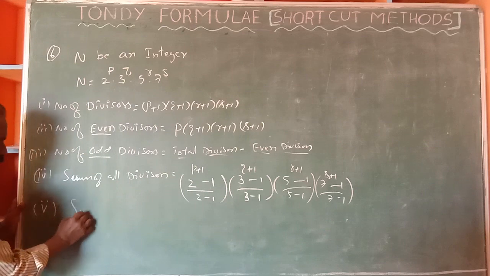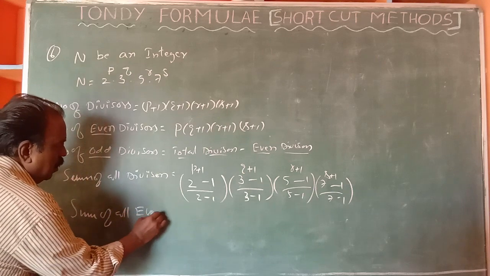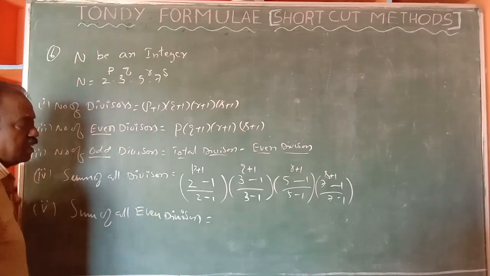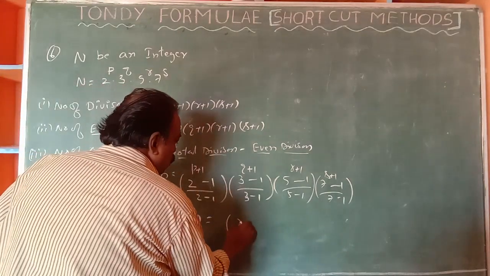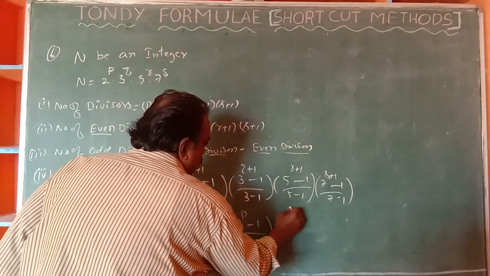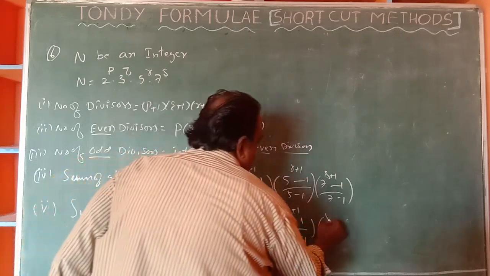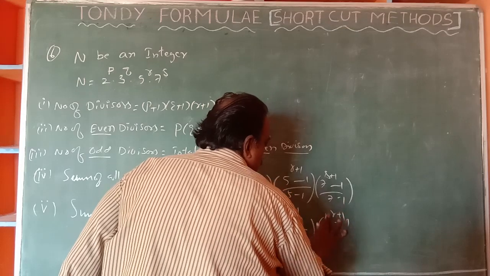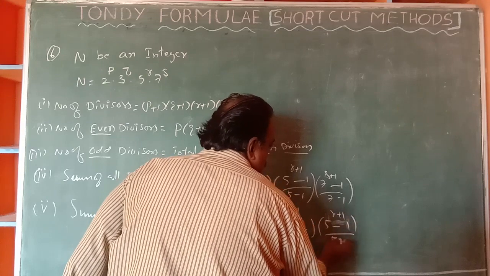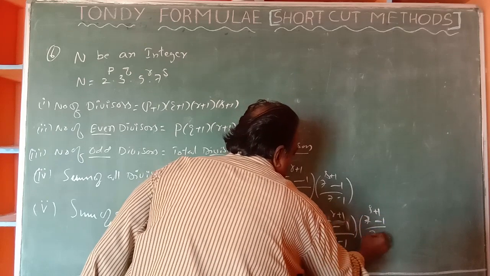The last one, the sum of all even divisors or even factors. Suppose it is asked like that. There you use (2 power p minus 1) by (2 minus 1), then (3 power q plus 1 minus 1) by (3 minus 1), then (5 power r plus 1 minus 1) by (5 minus 1), then (7 power s plus 1 minus 1) by (7 minus 1).